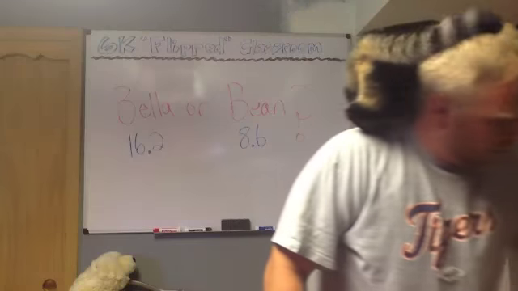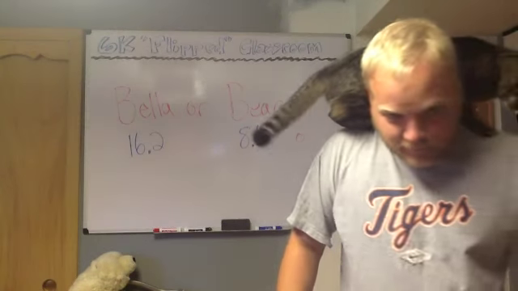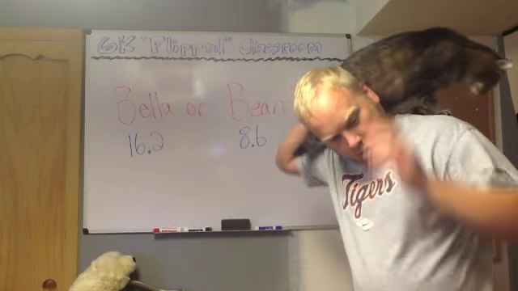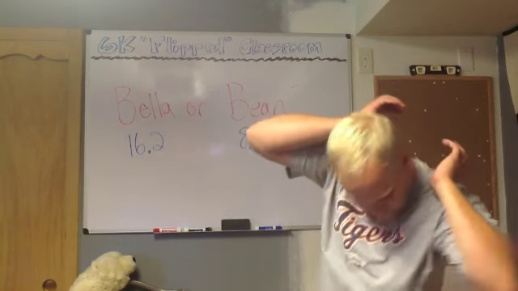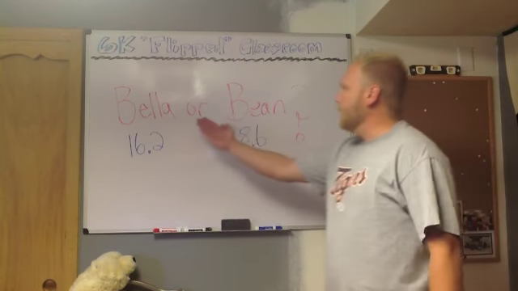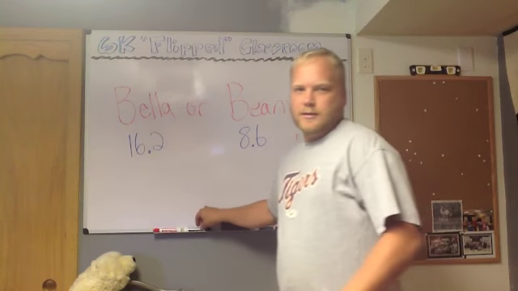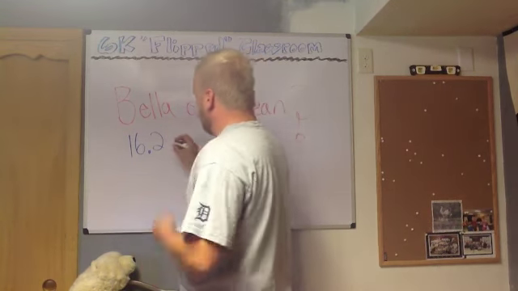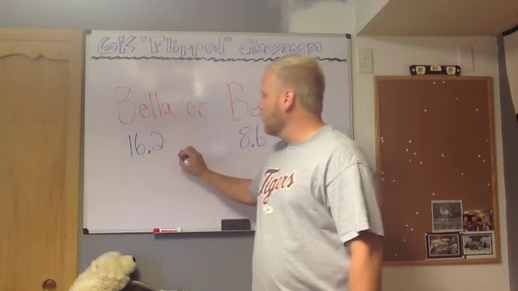And then Bella ran out because she's hungry. So the question that you're going to answer today is Bella or Bean, but what's the question? Bella is a chunky cat. She weighs 16.2 pounds.